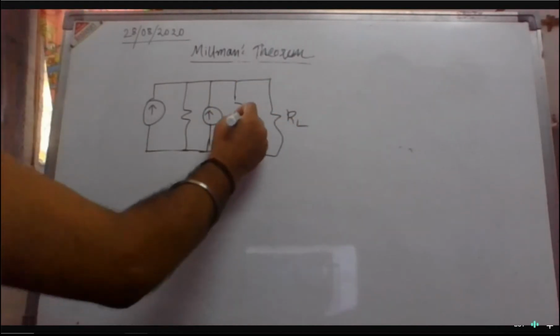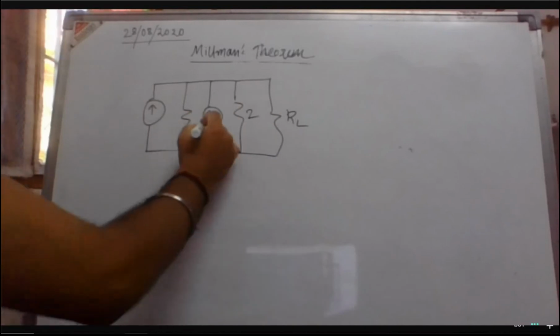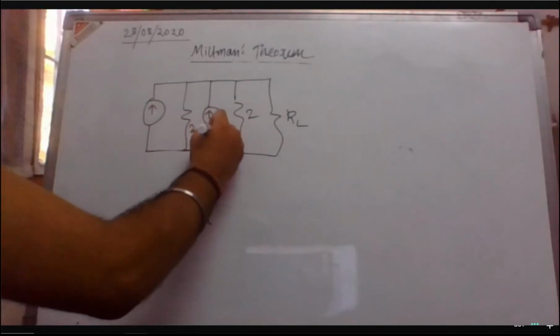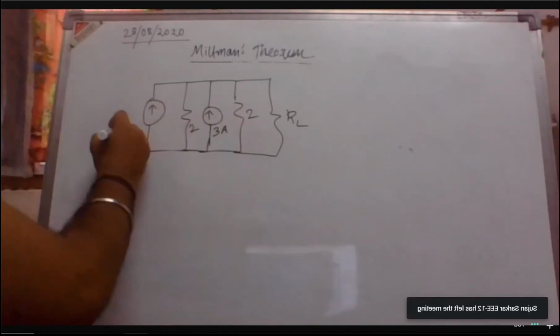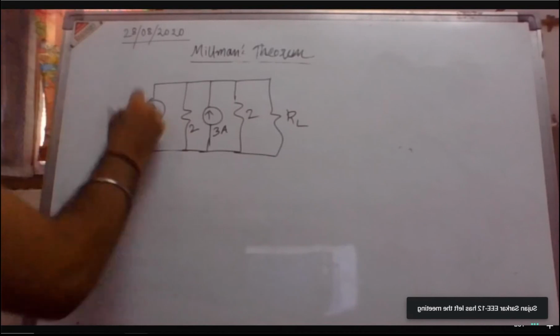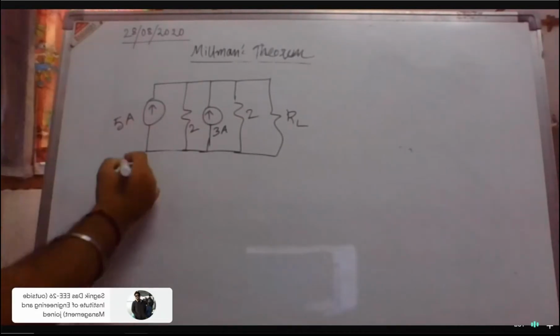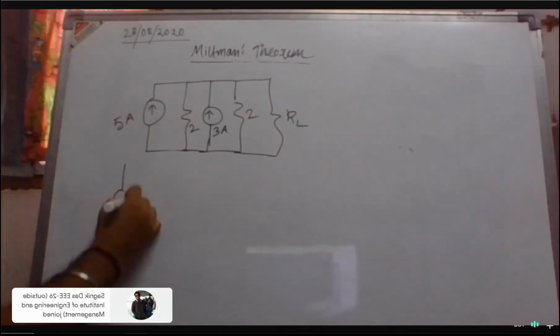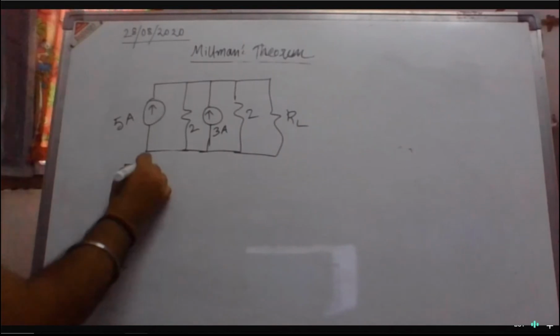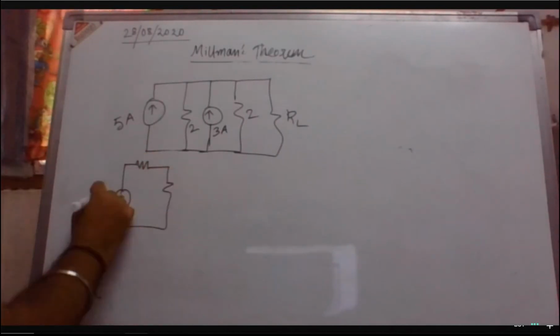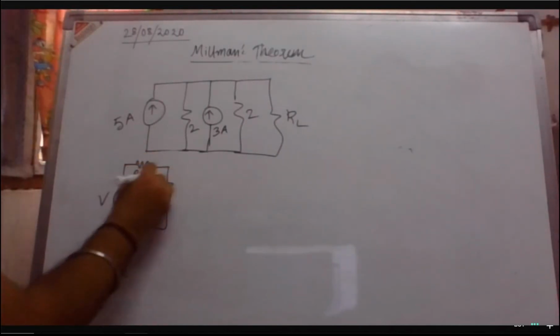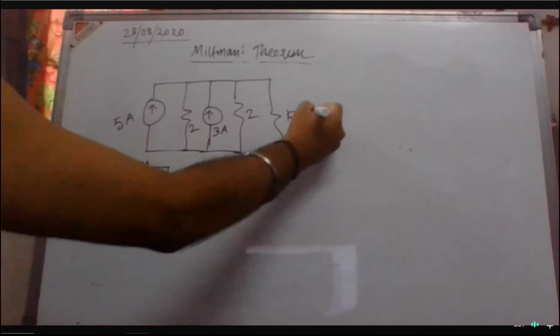This resistance is 2 ohm. This one is 2 ohm. This one is 3 ampere and this one is your 5 ampere. So we have to replace this with a voltage source, with a resistance and with a RL. Voltage source R internal, RL. RL is equals to 1 ohm.